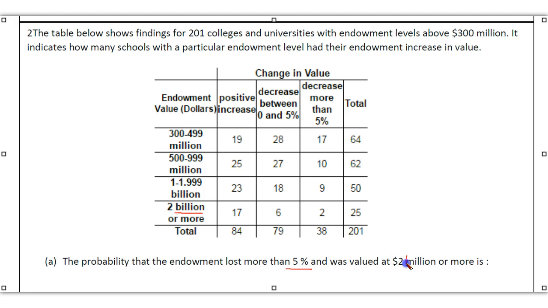So I believe this was supposed to have been a B here, 2 billion or more. So of course that one is this one, and 2 billion or more than 5%, and the answer they give in the back, 2, is 2 out of 201. So sometimes, if a little error creeps in there, gives you the challenge as to what can be done.